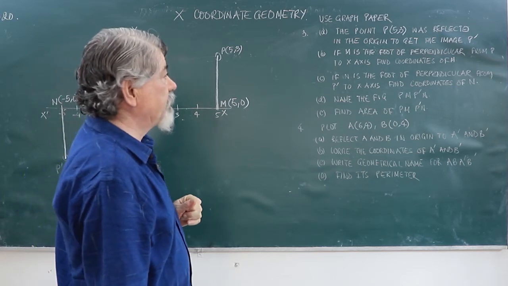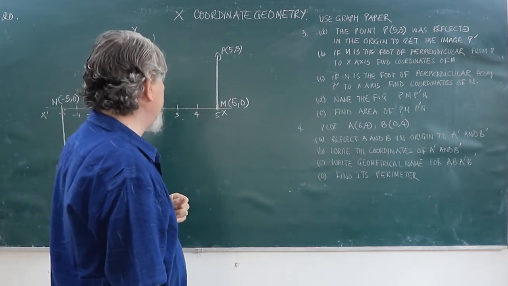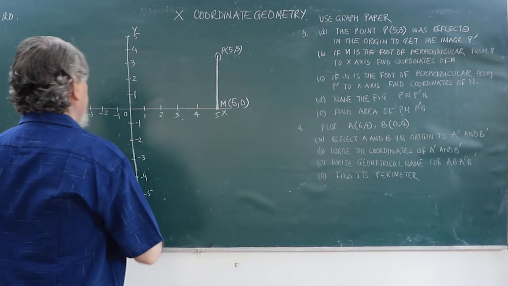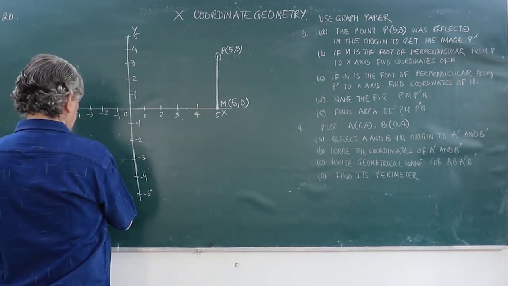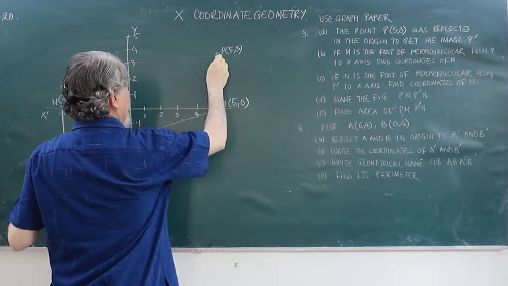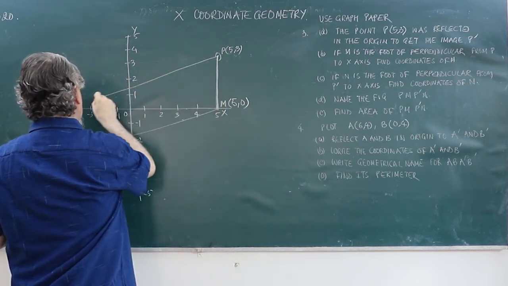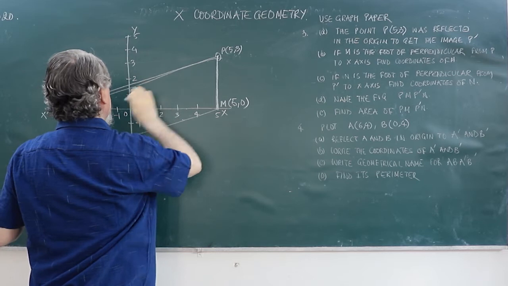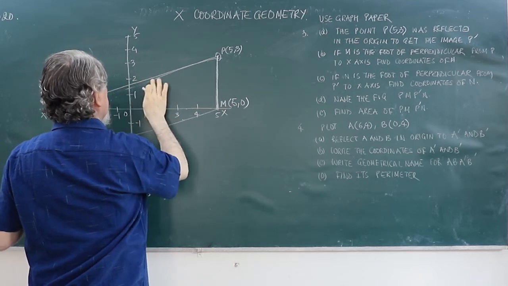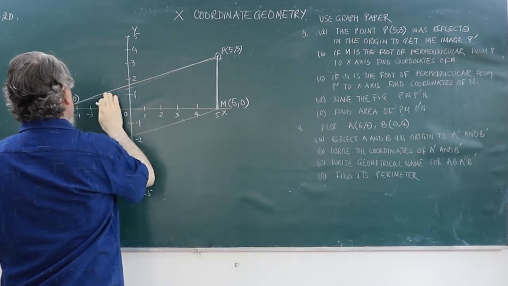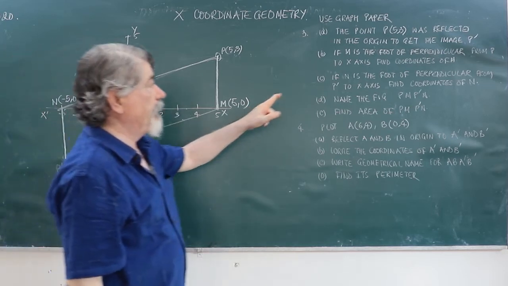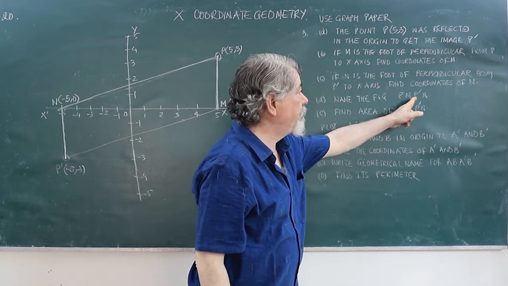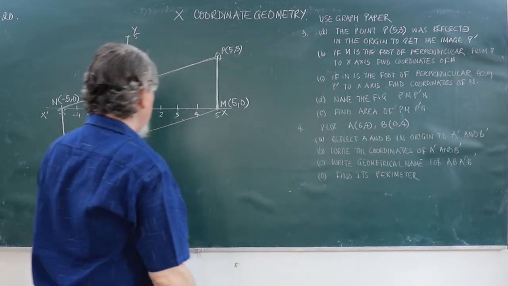The next point is name the figure PM P dash N. That means I join P dash to M and P to N. This kind of diagram you will get. If N is the foot, name the figure PM P dash N. This is a parallelogram.